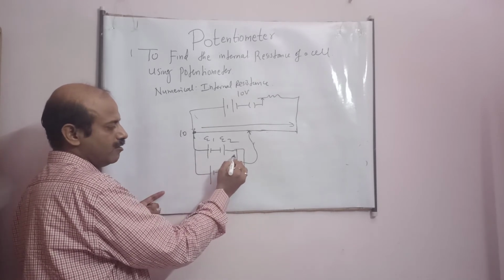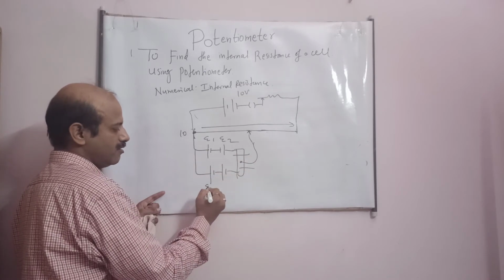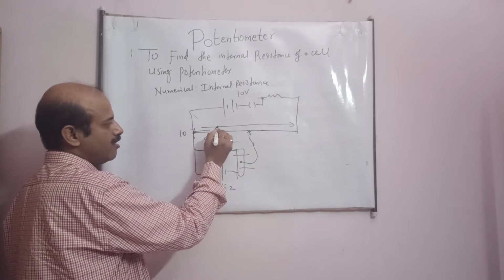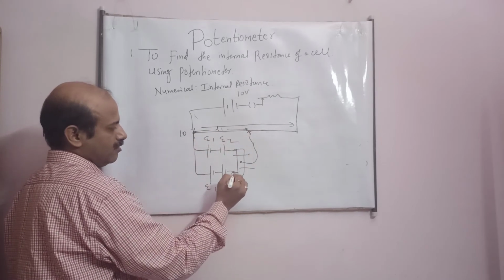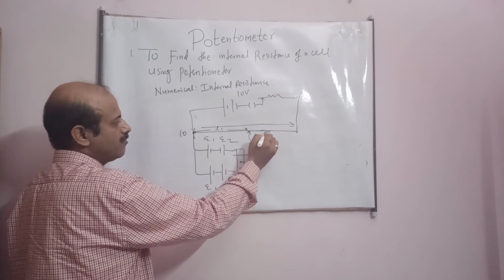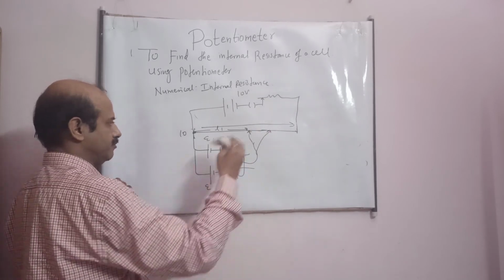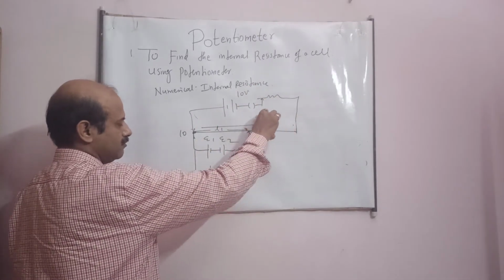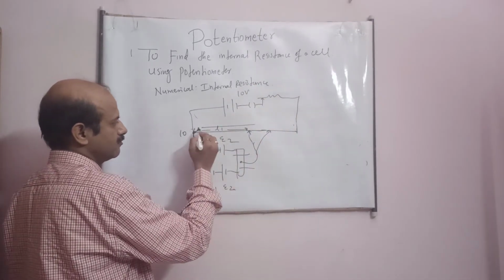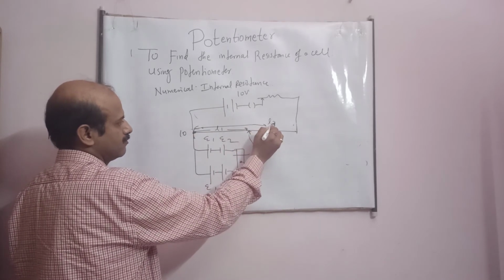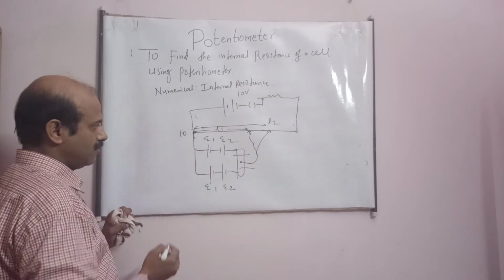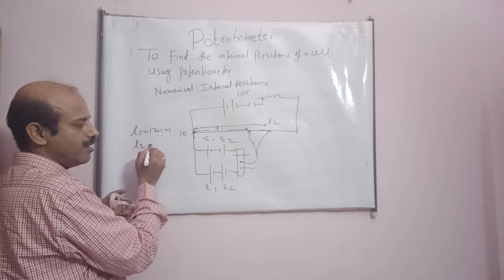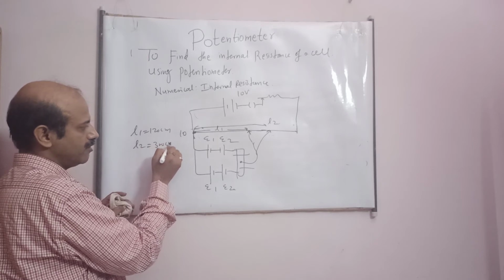Once this combination is on at one time, second time this combination is on. Same E1 and E2. For the first combination the balancing length I am getting is L1, for the second the balancing length I am getting is L2, student. Say L1 I am getting 120 centimeters, L2 I am getting 300 centimeters, student.